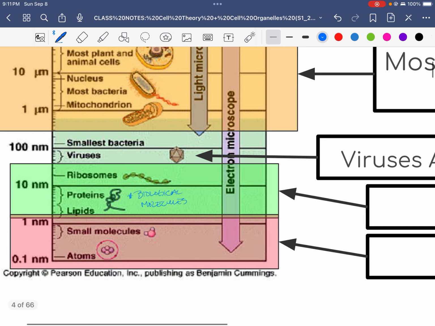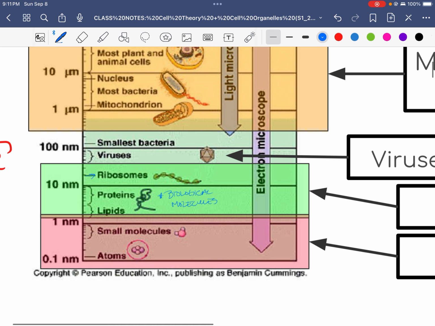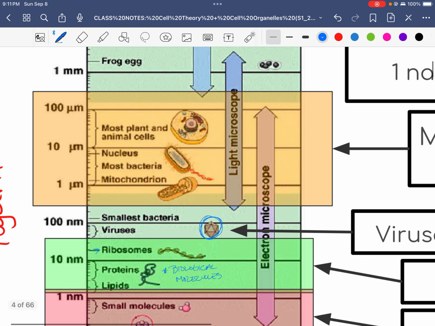Here we've got ribosomes, which we'll talk about later. Here we've got viruses. Viruses are that gray area between living and non-living, and they're a little bit smaller than bacteria. Here we've got our typical cells: this is bacteria, and this is plant and animal cells.